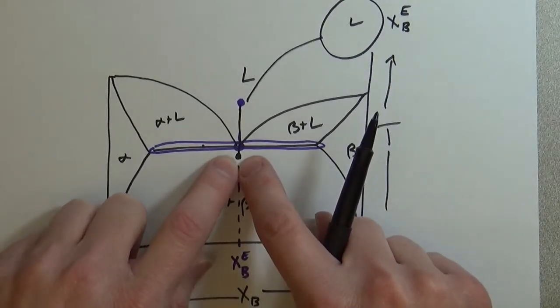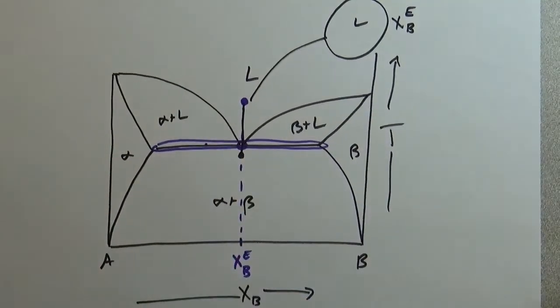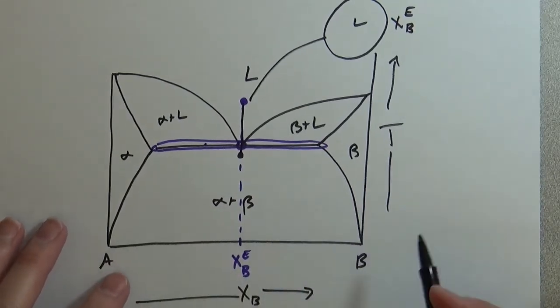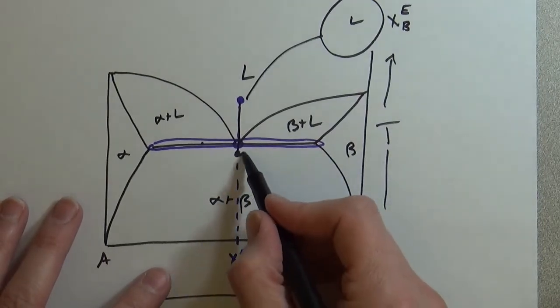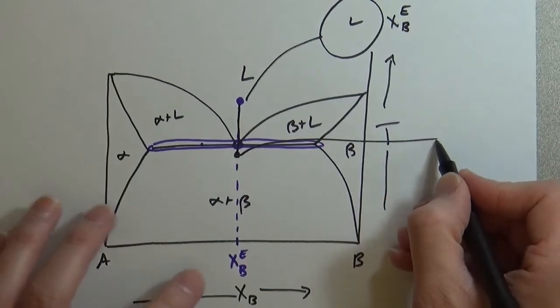Well, this eutectic region is kind of special. It allows for the development of a microstructure that we call a eutectic microstructure. And the eutectic microstructure is going to look like this.